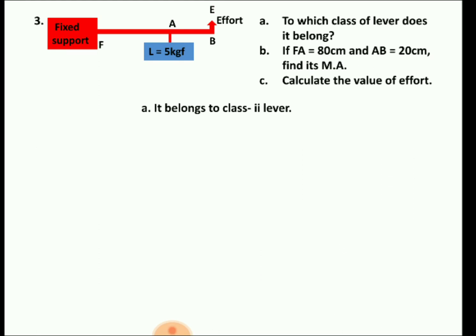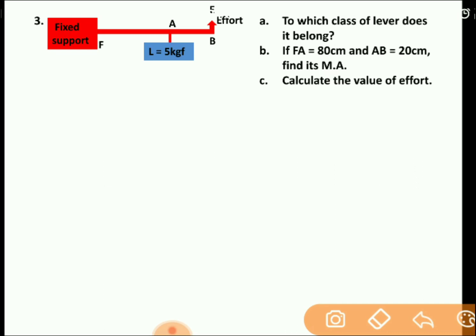Now part B. If FA equals 80 centimeter, FA means our load arm, because A is load, F is fulcrum. So load arm is 80 centimeter and AB is 20 centimeter. Now remember here, AB is not effort arm.